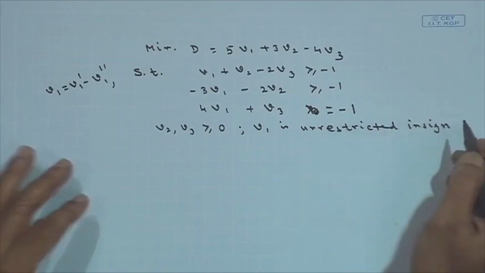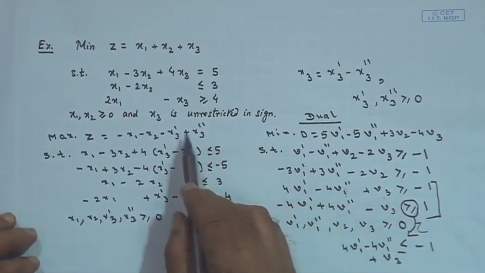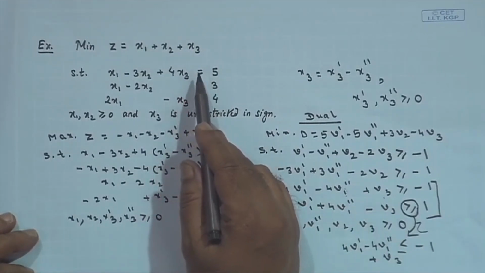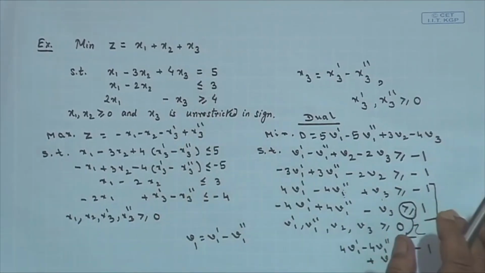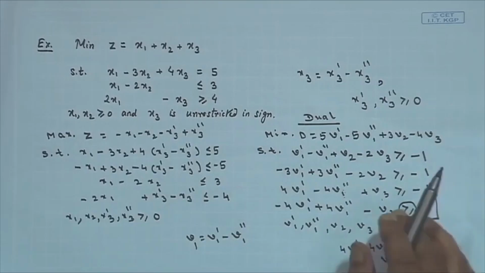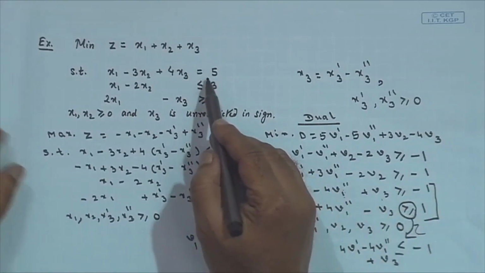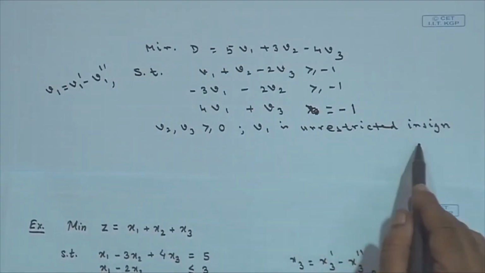If you remember, in the theorem we have already told, if we have one equality type constraint in the primal, then in the dual one of the variables will be unrestricted in sign. Since we have only one equality type constraint, one variable is unrestricted.